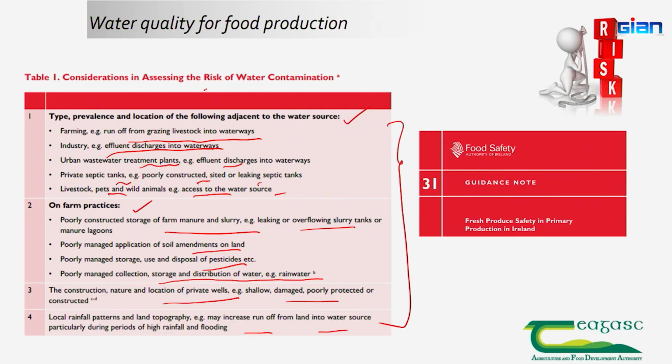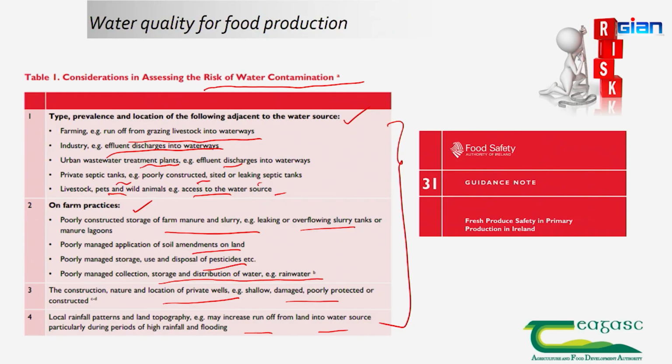So this is what you assess when you assess the risk of water contamination. This is an important aspect to understand the requirement of water for food processing operations or for potable water and how we can assess risk.